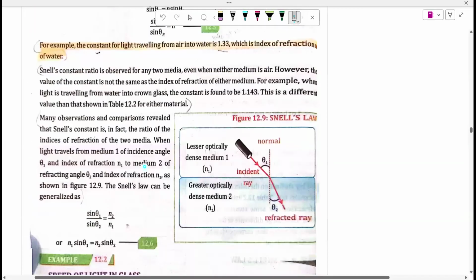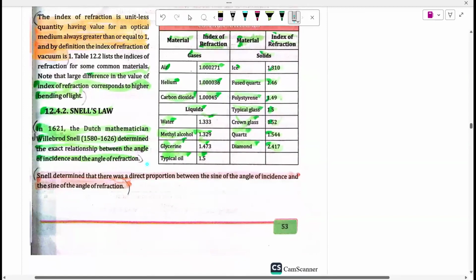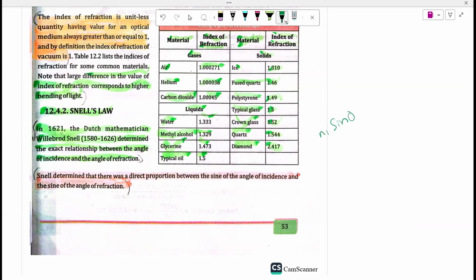Snell's law is basically n1 sine theta 1 is equal to n2 sine theta 2. Snell's law is basically given as n1 sine theta 1 is equal to n2 sine theta 2. This formula is known as Snell's law. This is used when we are discussing refraction in two media.